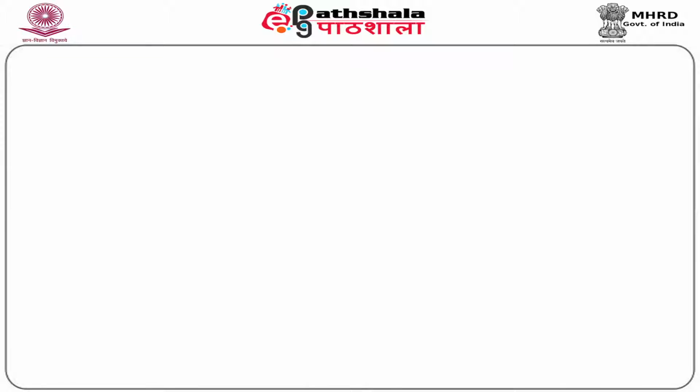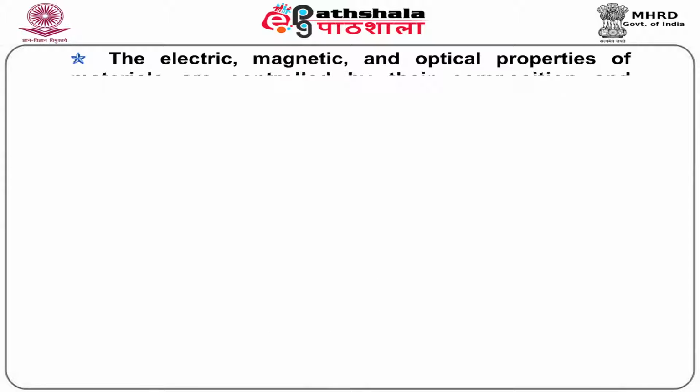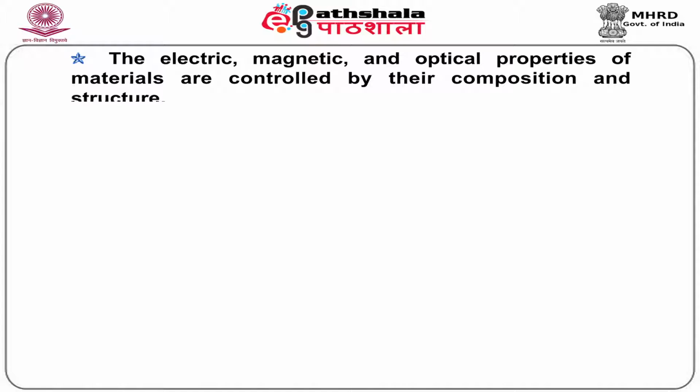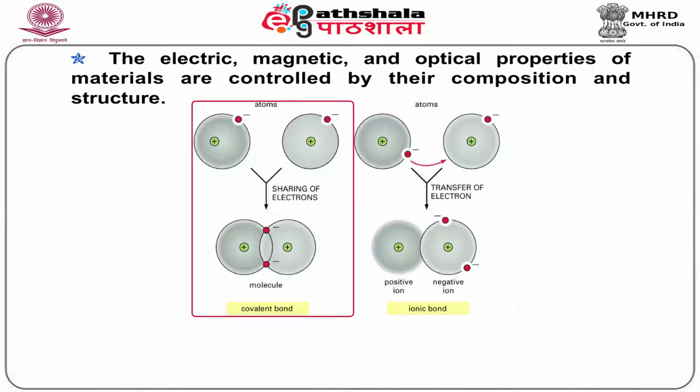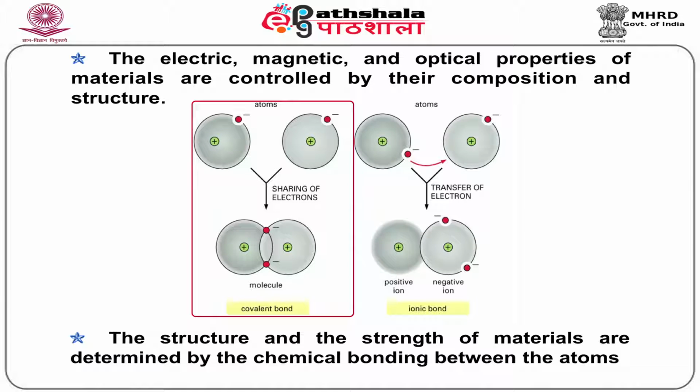As we know, the electric, magnetic, and optical properties of materials are controlled by their composition and structure. The structure and the strength of the material, in turn, are determined by the chemical bonding between the atoms. As is shown in the picture, there are two famous kinds of bonding shown.